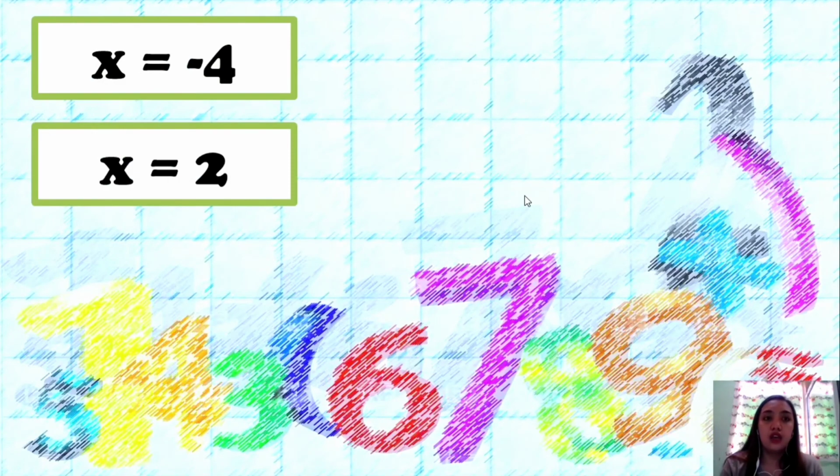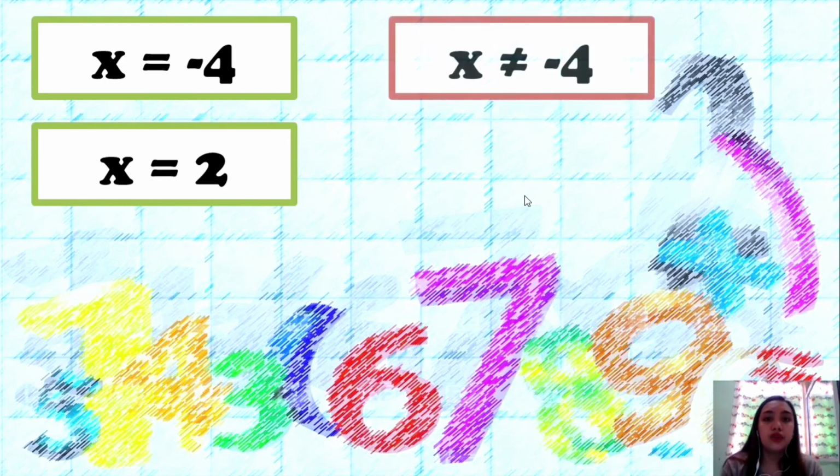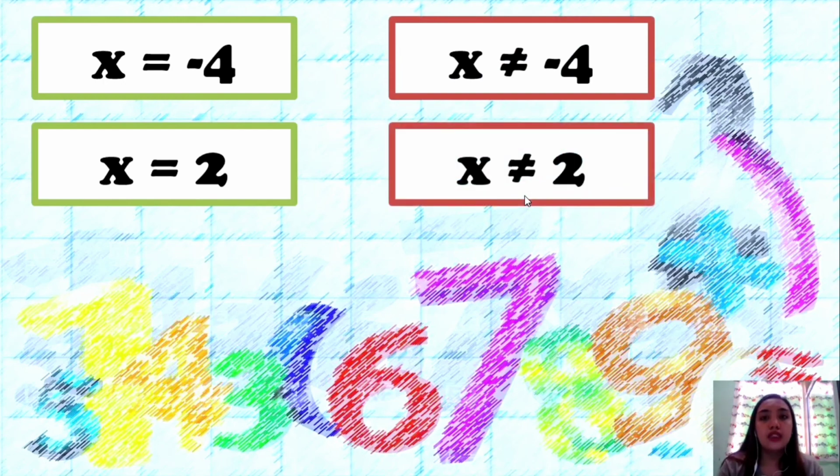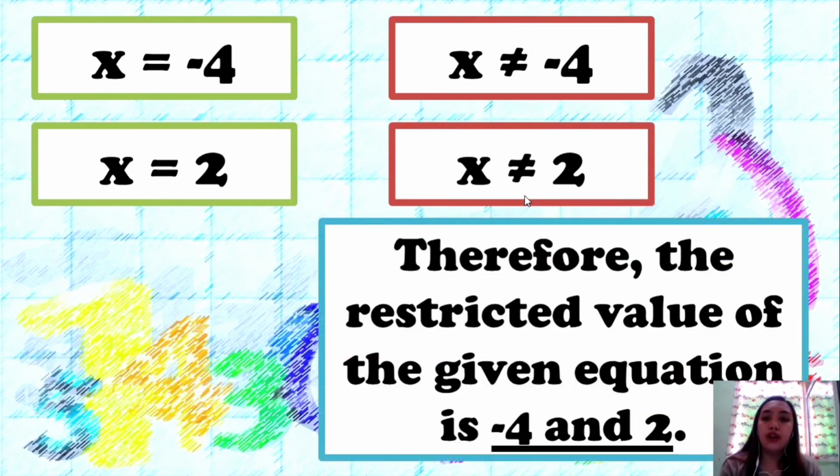Ito po siya. So, ito na po yung mga values na makakapag-undefined sa equation po. So, x is not equal to negative 4 and x is not equal to 2. So, what will be the conclusion? Therefore, the restricted values of the given equation are negative 4 and 2.